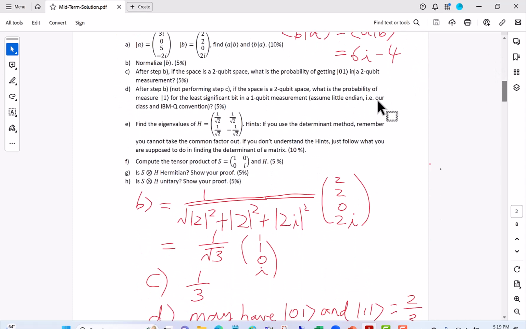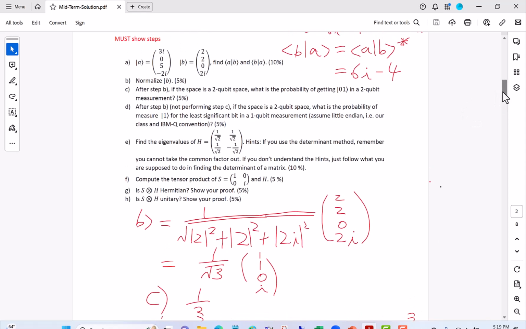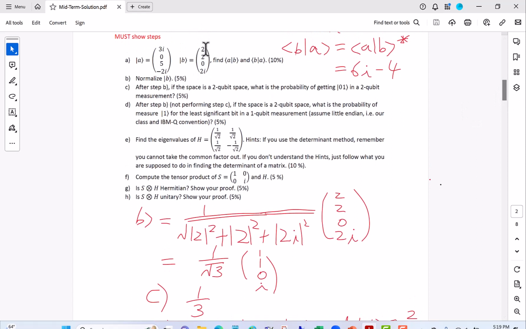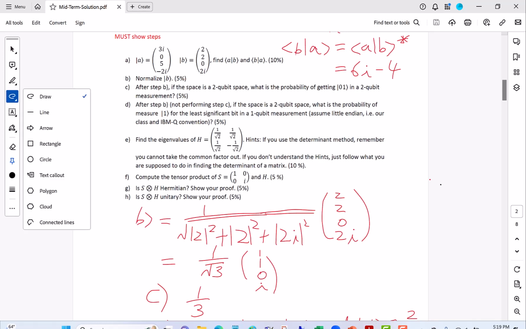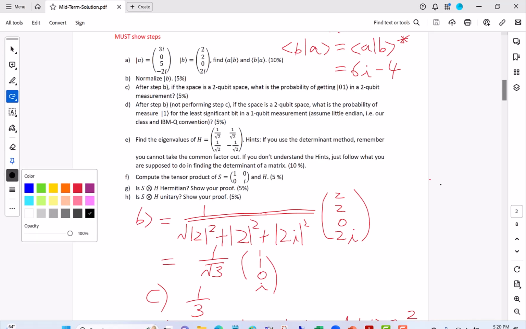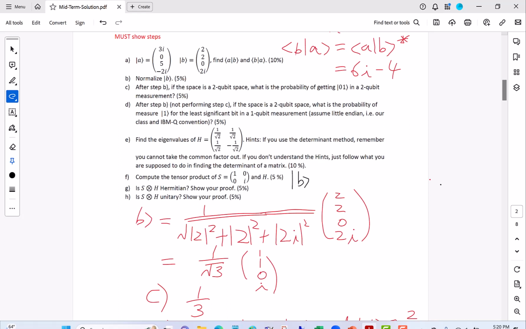Then for the B part, about the normalization, how do you normalize B? I hope you realize that when we write B as this one, what do we mean? We mean B equals 2, maybe 0, 0, because this is a 2 qubit.